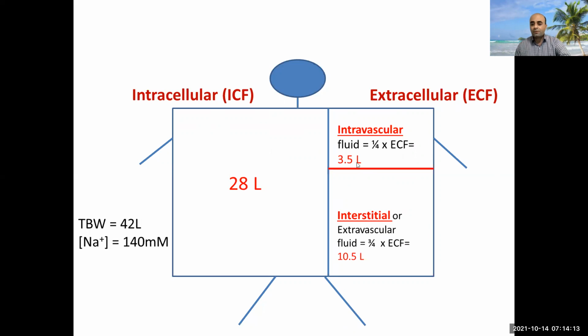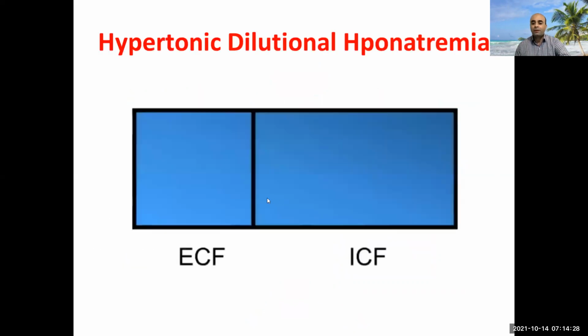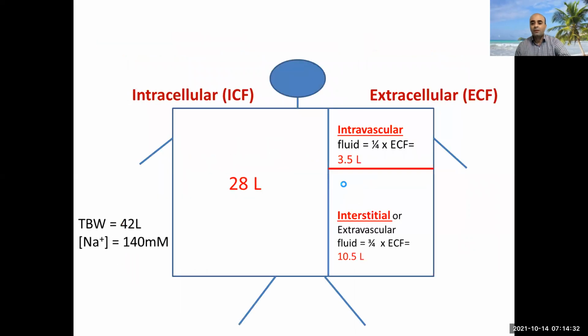This covers around 3.5 liters from 14 and this 10.5 liters. And this intracellular 28 liters, 2/3, and 1/3 divided for the extracellular fluid compartment into intravascular and interstitial. Now, we will return back to this extravascular and intravascular fluid compartment.